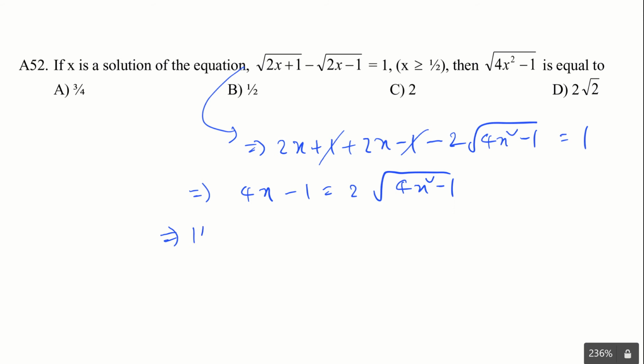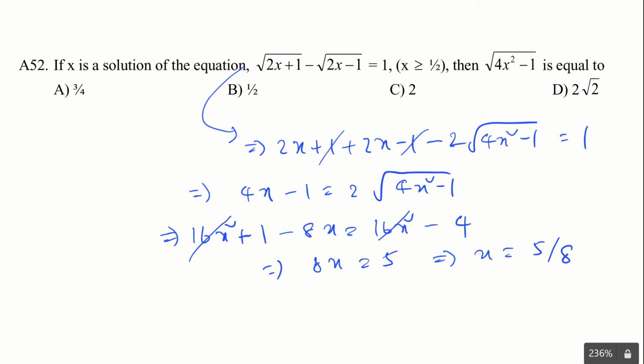Squaring on both the sides I get 16x square plus 1 minus 8x equal to 16x square minus 4. So you can see that I am getting 8x equal to 5, or I have x is equal to 5 by 8. Now substitute this value in this one to get the required value. Let's go to next problem.